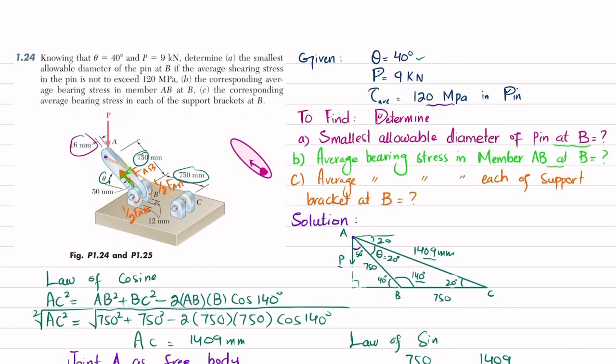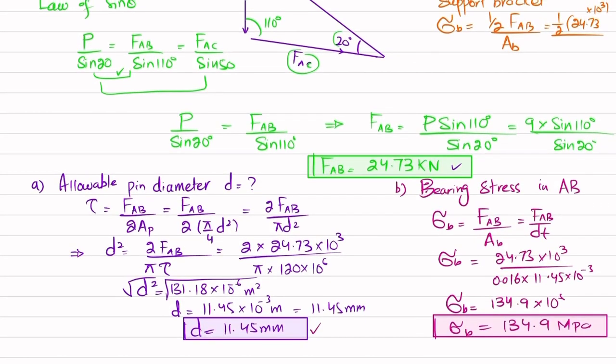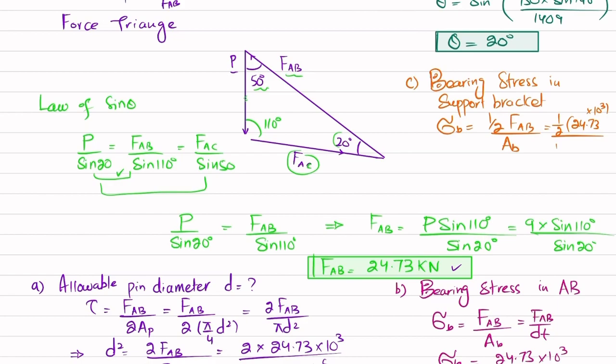Now you can see the thickness of this bracket is 12. Thickness is 12 and the diameter is 11.45, which we have calculated. So I will write it: 11.45 into 10 raised to power minus 3 multiplied by thickness, 12 millimeter, which is 0.012 meter.